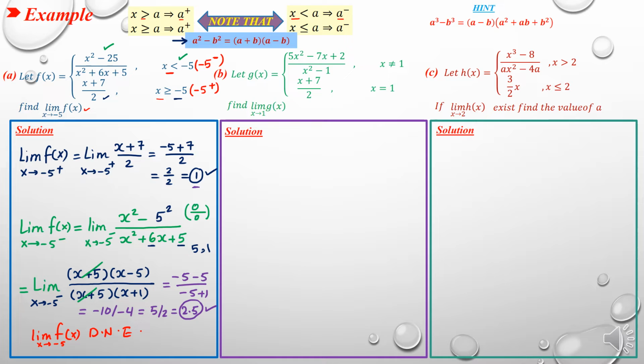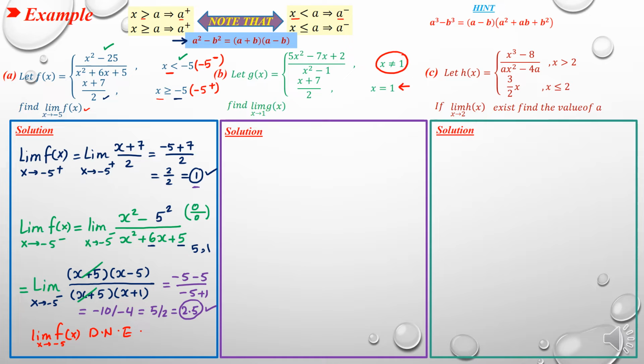Now in part B, we have a piecewise function, but we don't have the intervals x less than a number or x greater than a number. We have x not equal to 1 and x equals 1. Now with x not equal to 1, there is no need to compute the limit around 1 from right and from left.